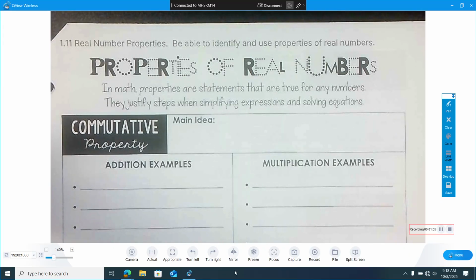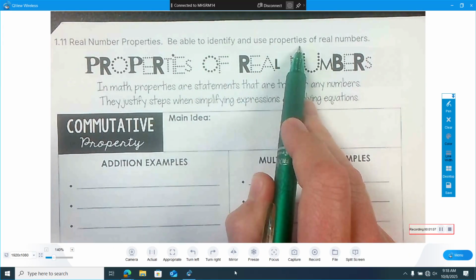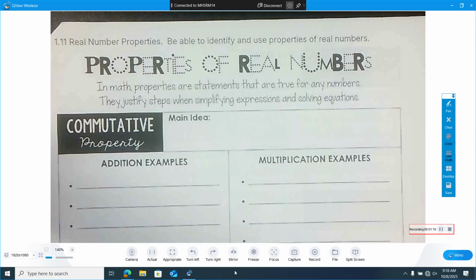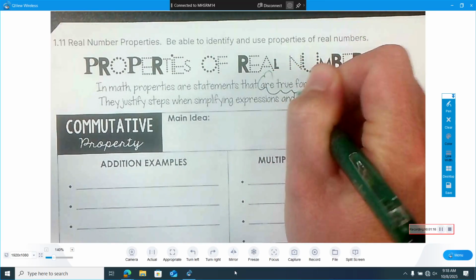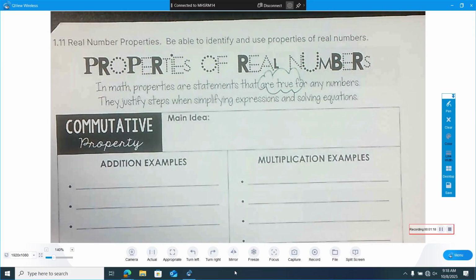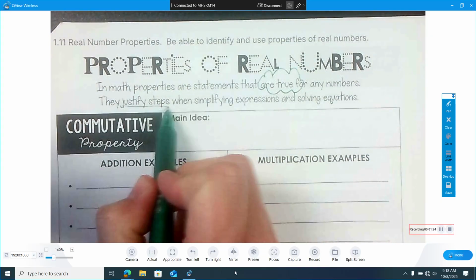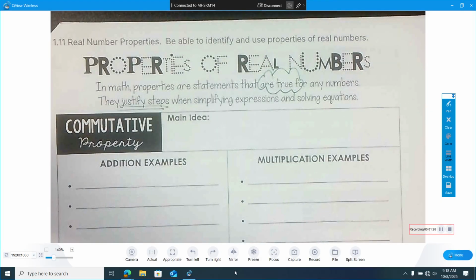Anyway, so we are going to be able to identify and use the properties of real numbers here. And so in math, properties are statements that are true for any numbers, all right? They're always going to be true. And they help us justify our steps when we are simplifying expressions and solving equations.